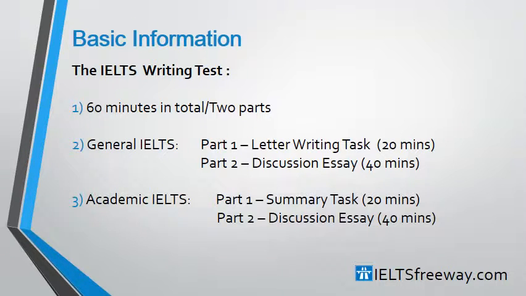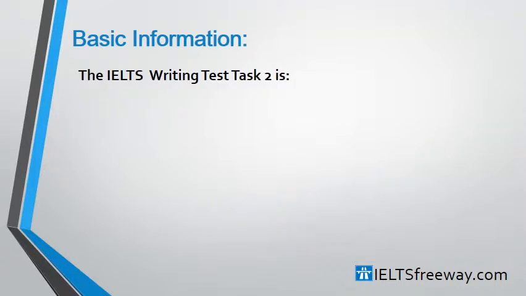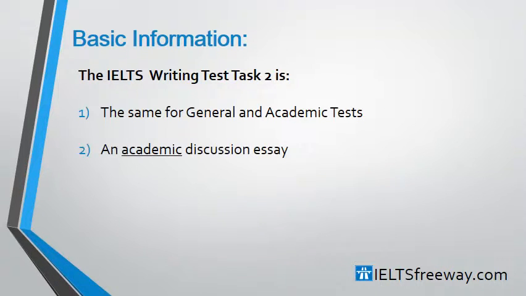If you're taking the academic IELTS, part 1 is a summary task where you summarize graphs, charts or pictures. However, part 2 is exactly the same for both papers. It's a formal academic discussion essay.